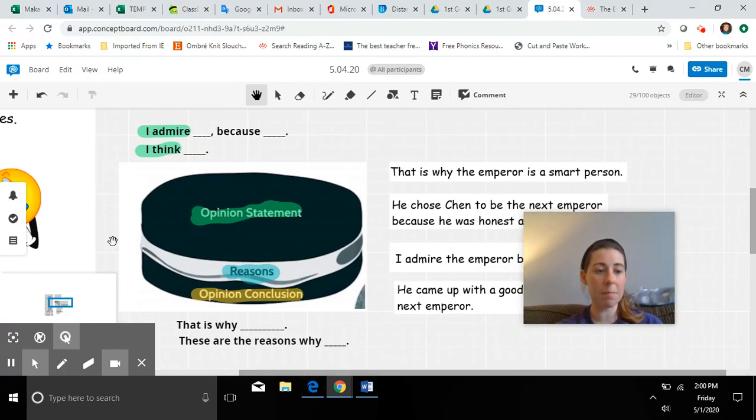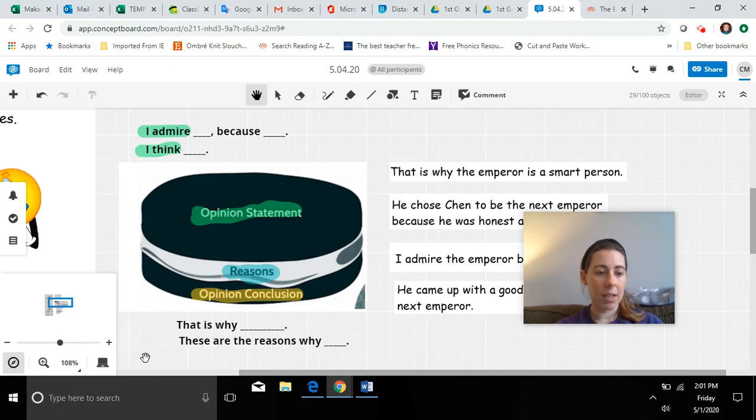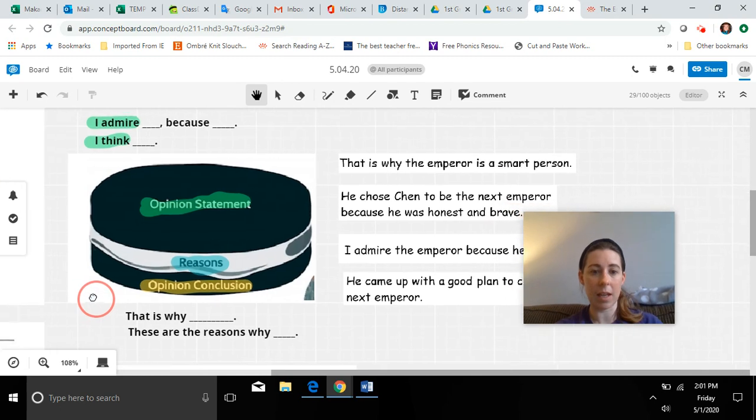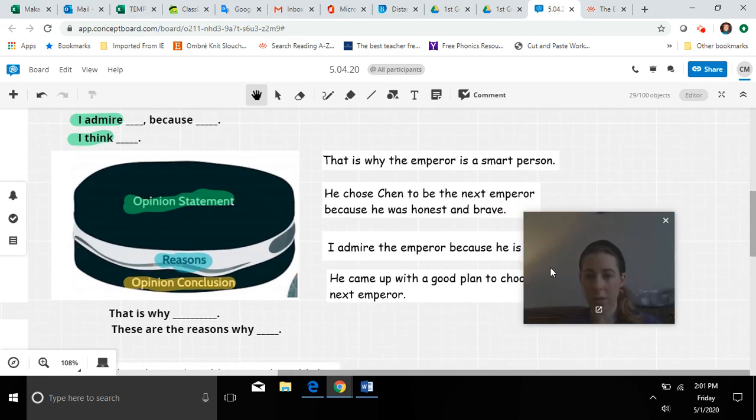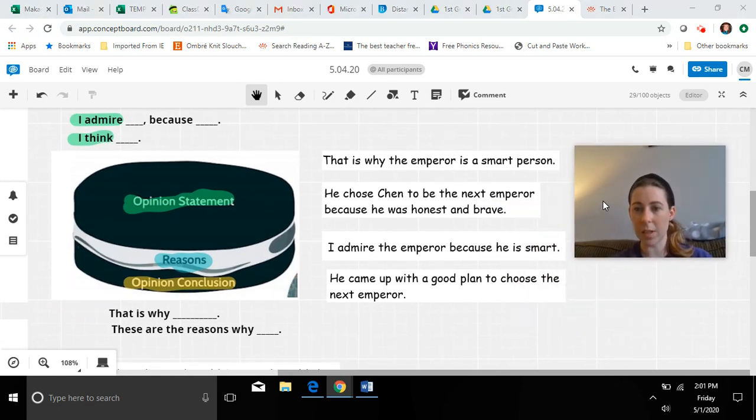So I want you to think back to the emperor and what character traits we assigned to him. Okay, so I'm going to move this over a little bit so we can see the sentences here. We have 4 sentences and we're going to read them first. And then we're going to see if we can find one that might be an opinion statement.